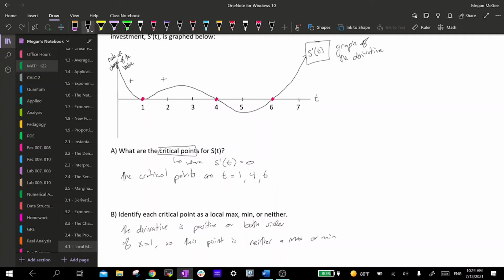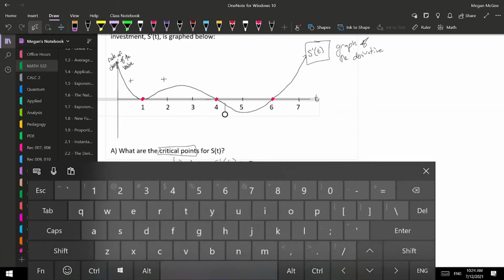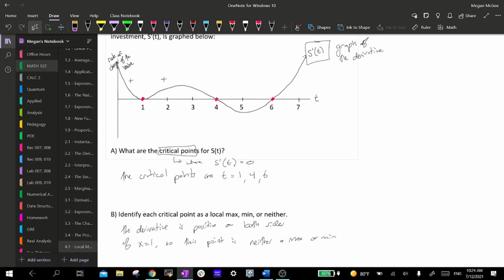All right. Remember, positive means above the t-axis. It does not mean increasing or decreasing. Okay? When we are looking at the original function and want to know the derivative, that's when we look at the tangent lines, but we were given the graph of the derivative.